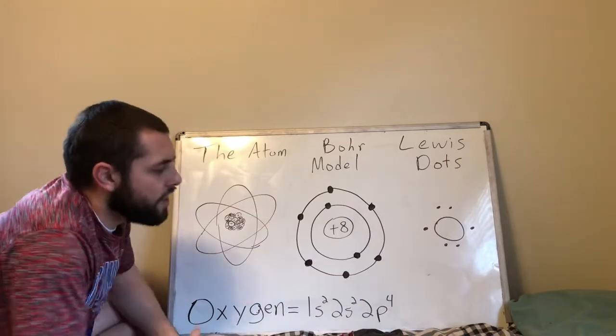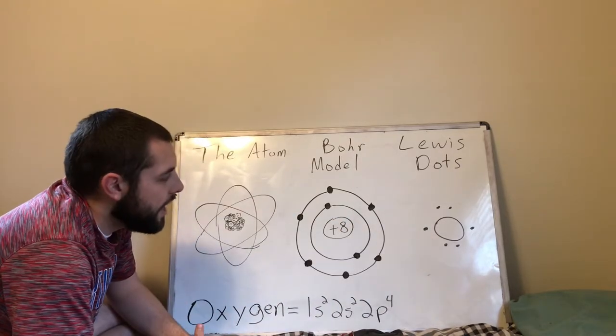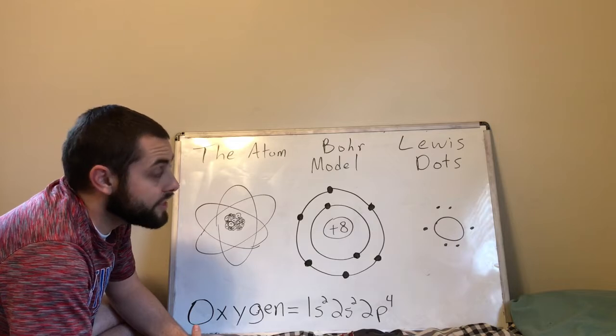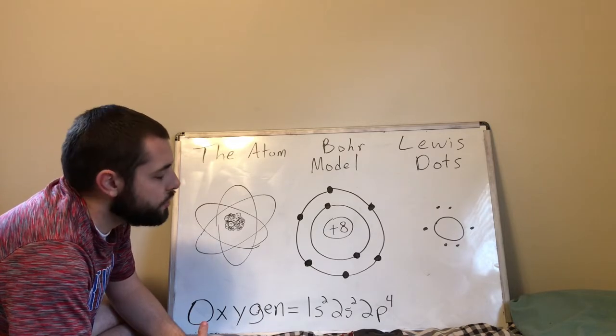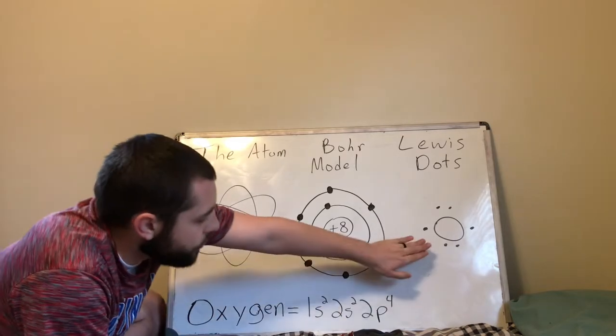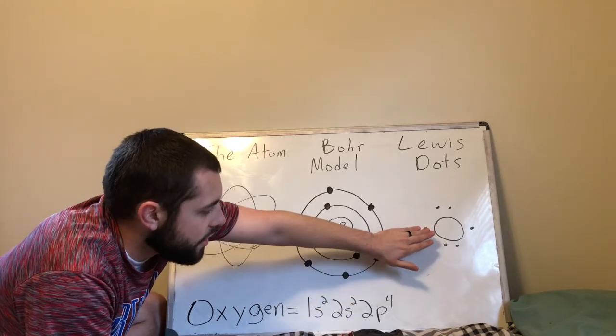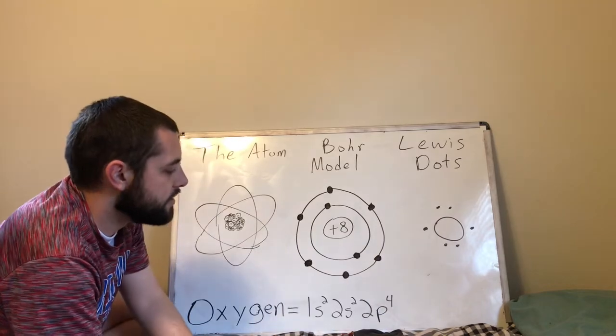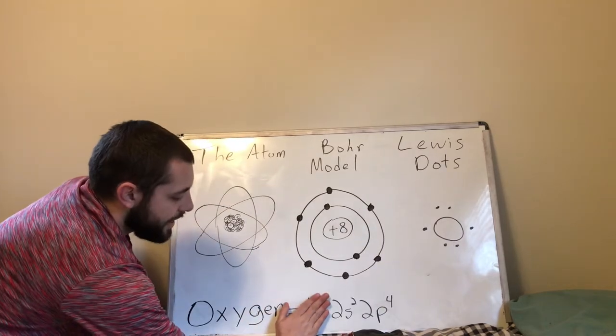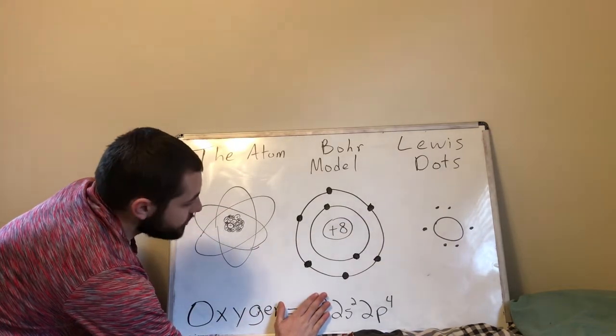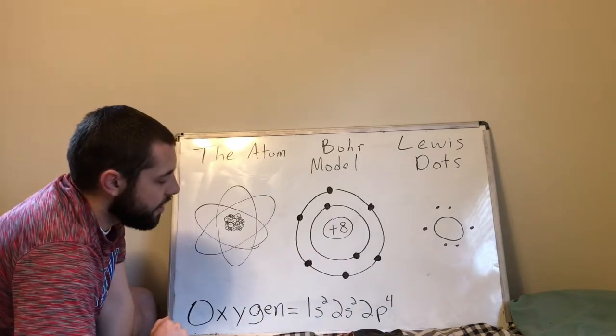What I'll be drawing most often today for this lesson are going to be Lewis dot drawings. Lewis dot drawings show the element symbol O for oxygen. And then they only show the valence electrons. So I didn't need to show these inner electrons when I was drawing my Lewis dot drawing over there.